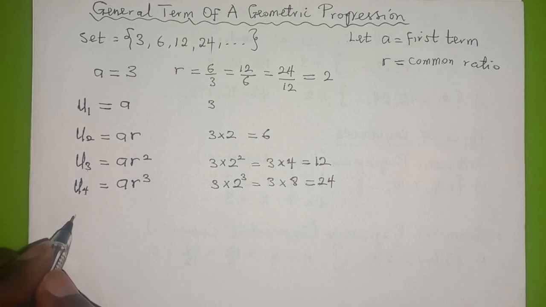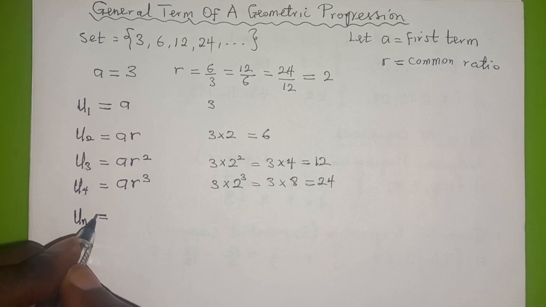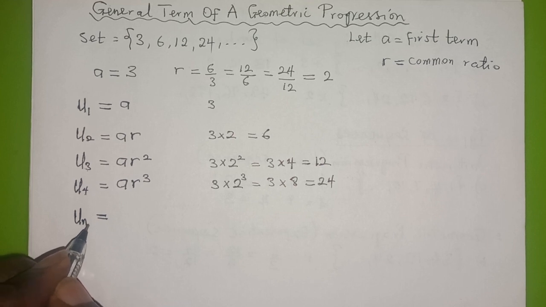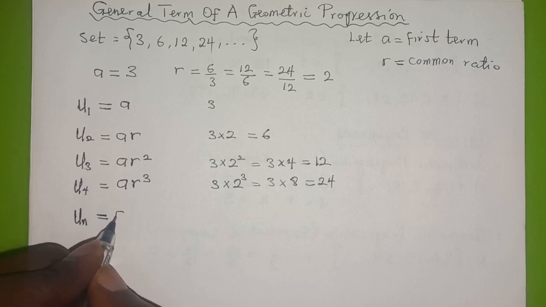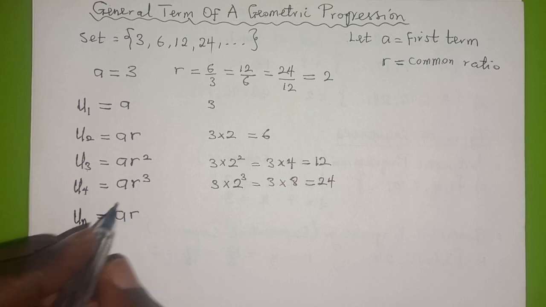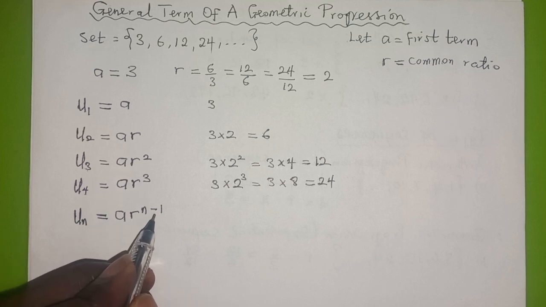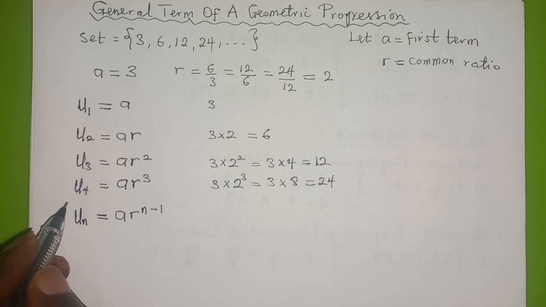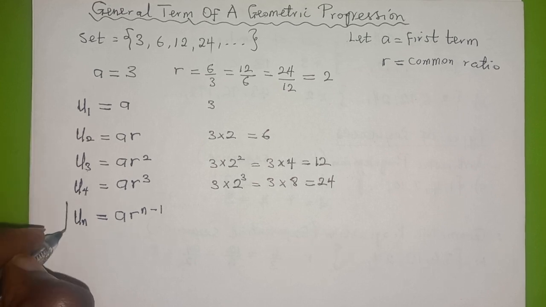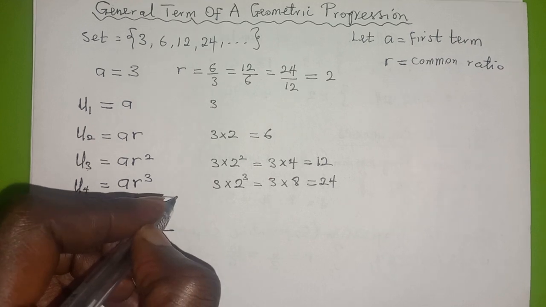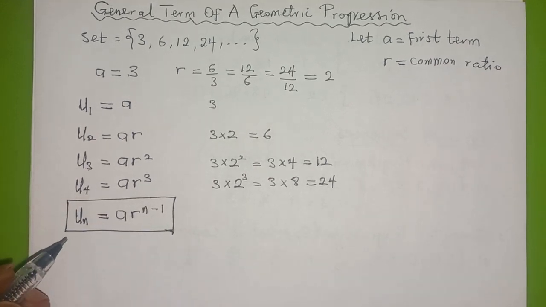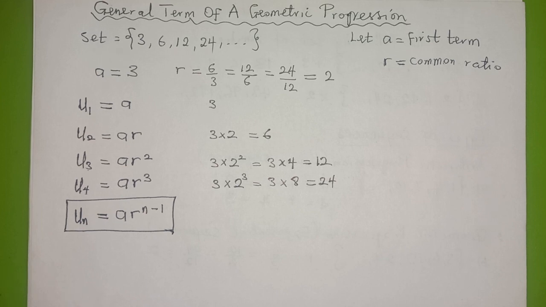So un equals a r raised to the power n minus 1. So we have reduced n by 1, and that becomes our final answer. This is the formula that we will be using anytime we want to solve questions that involve geometric progression. I hope this helps.